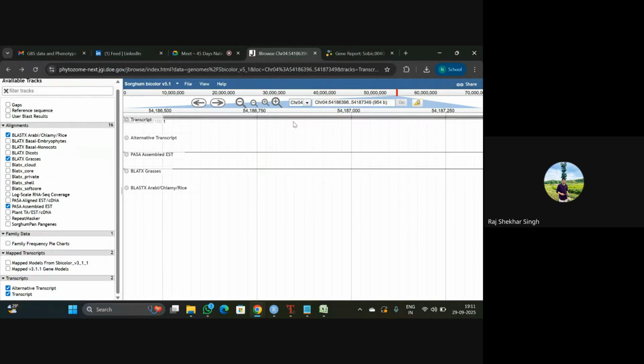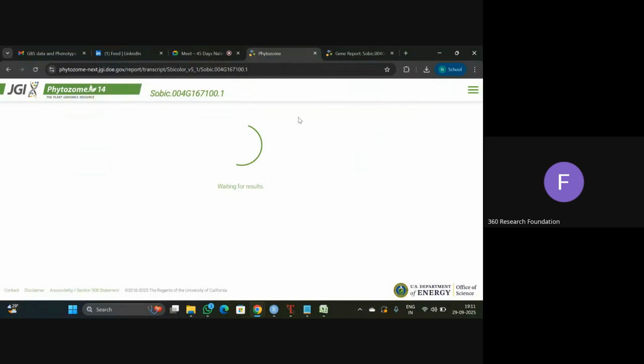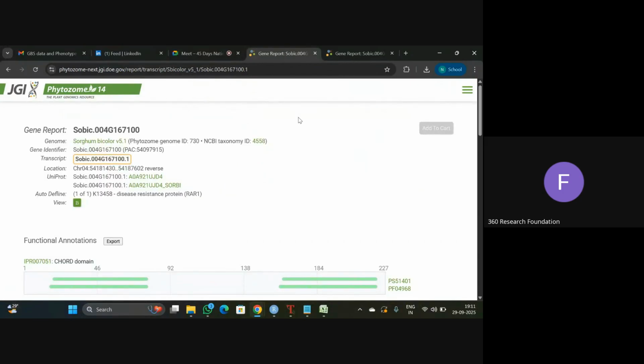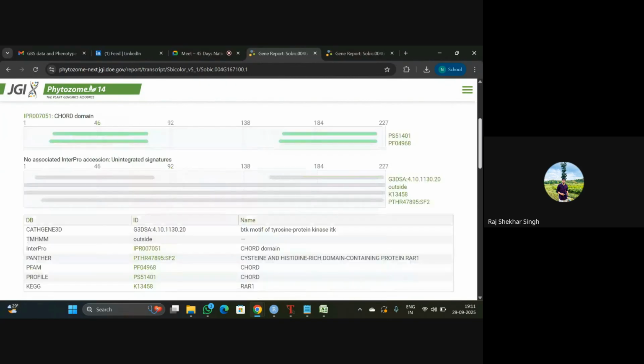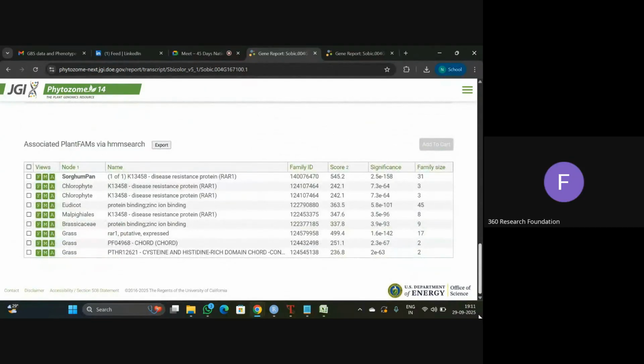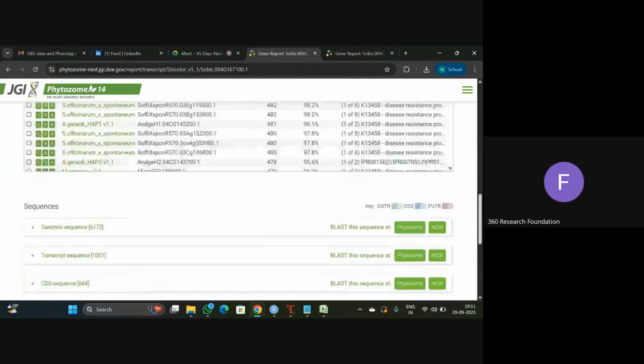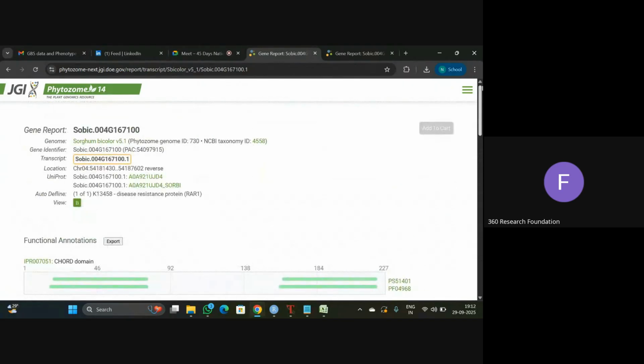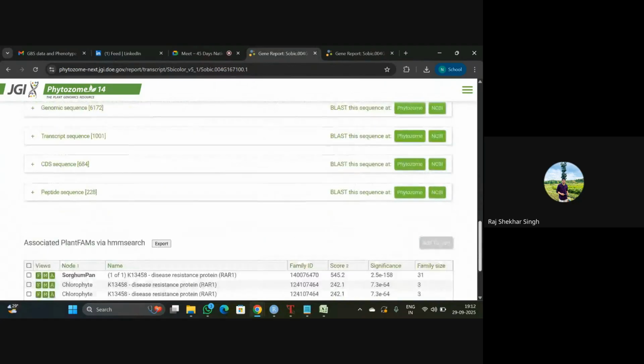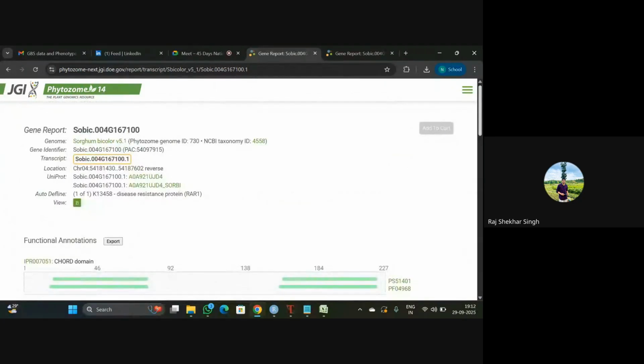Sir, after double clicking on the gene. So see, this is the gene. I will double click it. Like this it will come. Where is alpha? At the very downside, sir. At the bottommost. Sir, in mine it is showing, sir. I'm sharing the screen first.